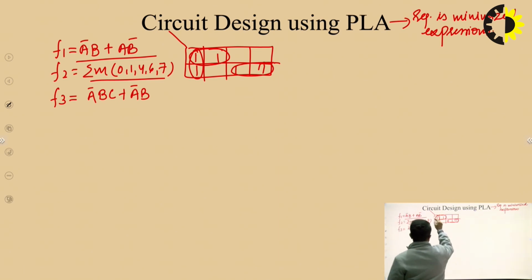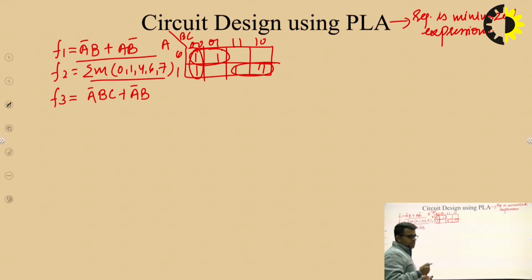So if I write the answer for this A, B, C, 0, 1, 0, 0, 0, 1, 1, 1, 1, 0. So this is K-map solving, which is already a topic extensively utilized in our subject from unit 1 onwards. So I'm not going into the details of the K-map. I'm assuming that K-map is known to us and we can solve K-map for any given Boolean expression.